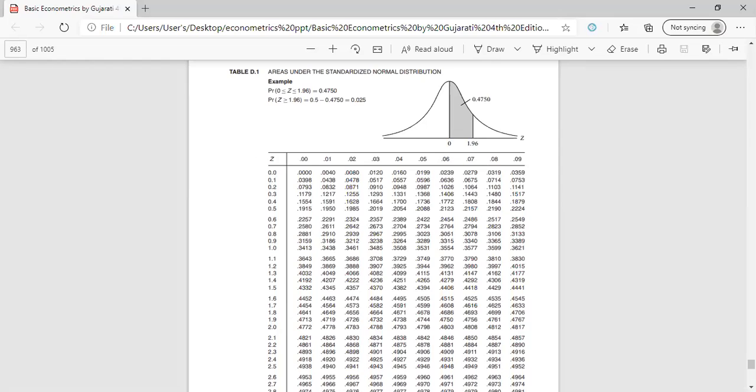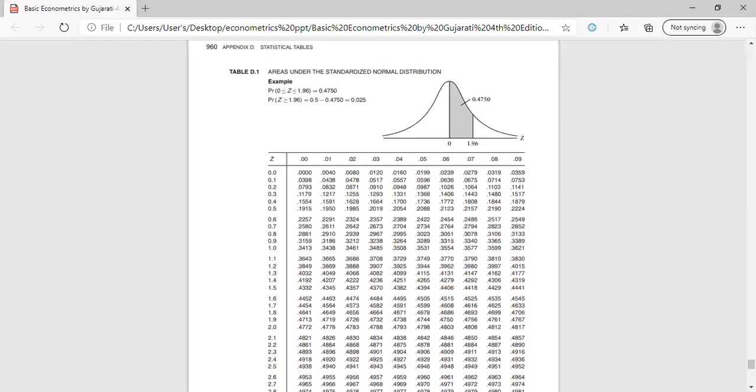Any other questions? Professor, from minus 1.96 to 0, the probability will be 0.4750, not a negative value. From the z value of minus 1.96 to 0, the value is going to be 0.4750.